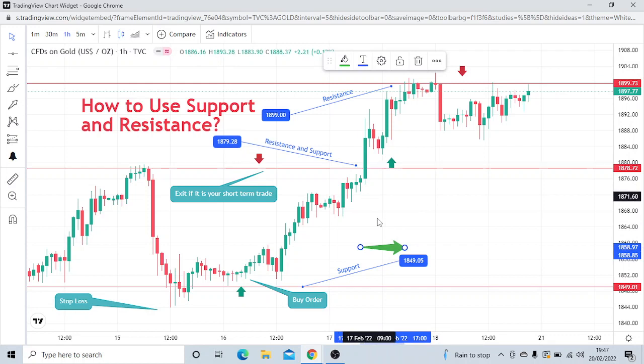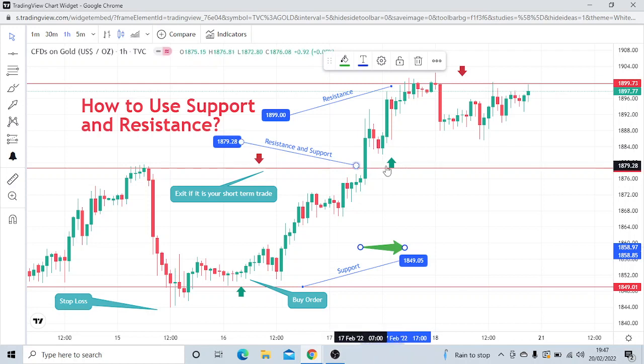But then, if you're waiting, let's see here. This is the breaking of the resistance level. So a big candle has forcefully broken the resistance level, and it has kept on going up, and this same resistance level has now become the support level.